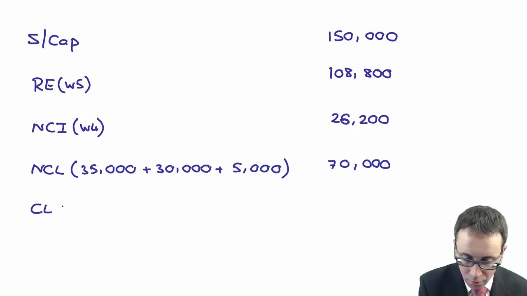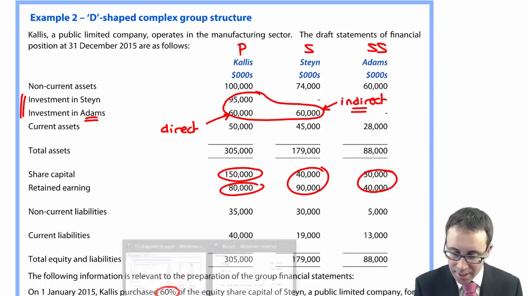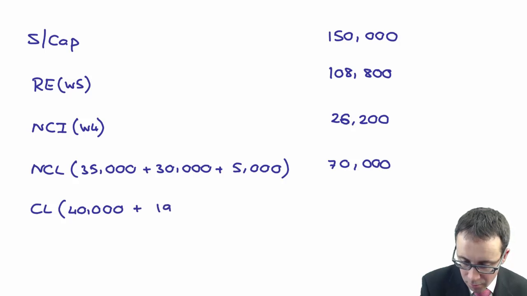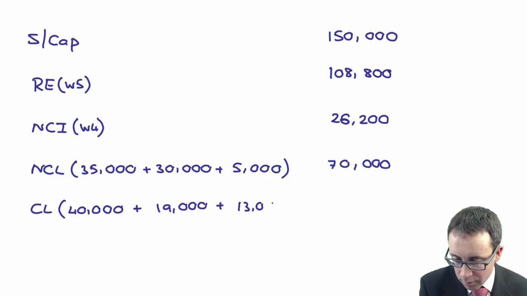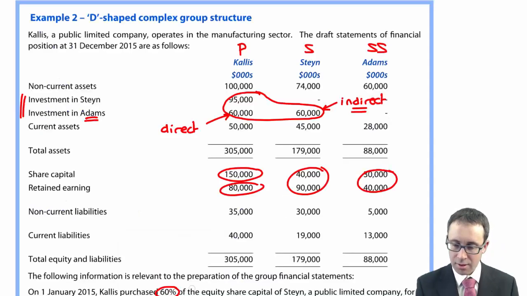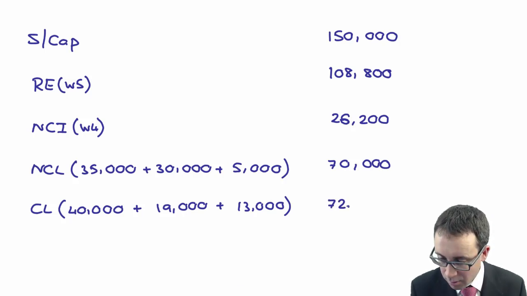And then the current liabilities, 40, 19 and 13. 40 plus 19 is 59, plus 13 is 72,000.